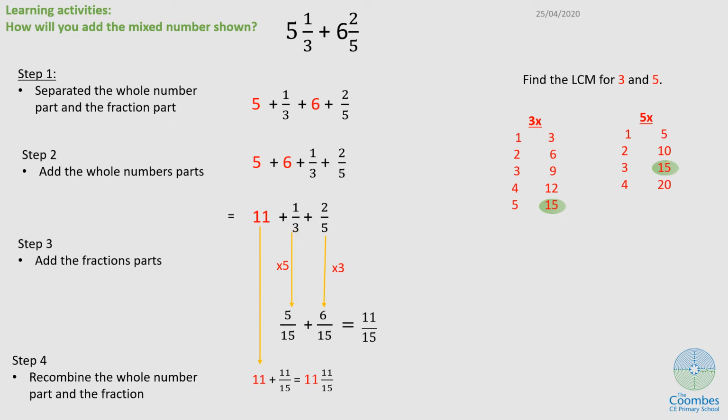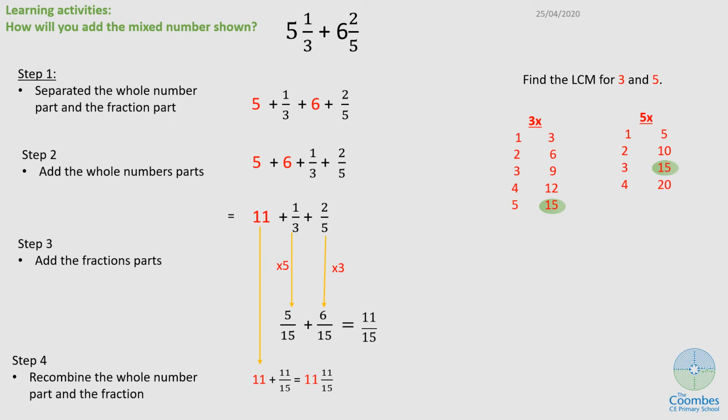I'll see 5 times 3 is 15. So I have to times the 1 also by 5. Next, I'll ask myself, what will I times 5 by to get 15? And I'll see that 3 times 5 is 15. So I have to also times 2 by 3 to get my 15.